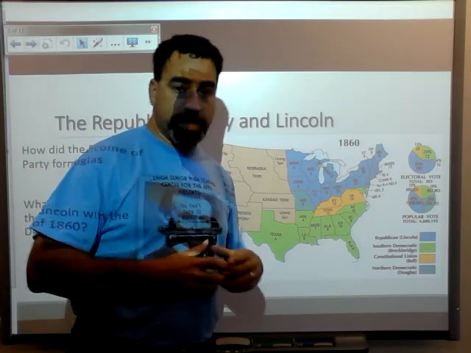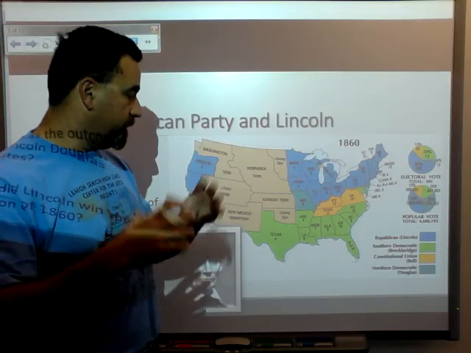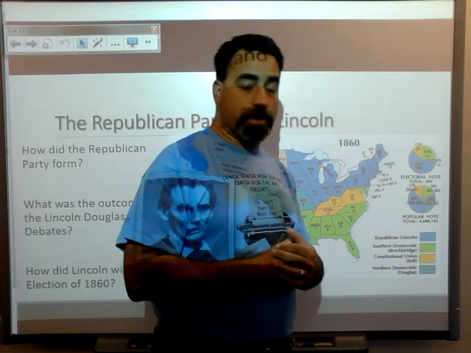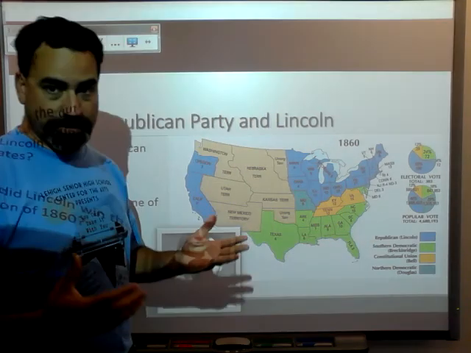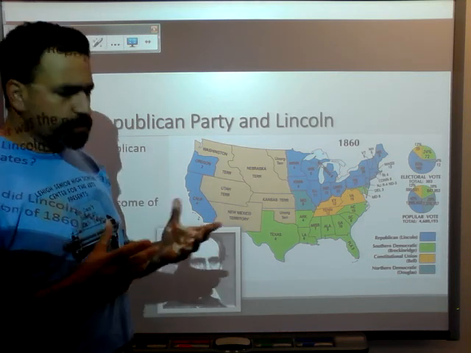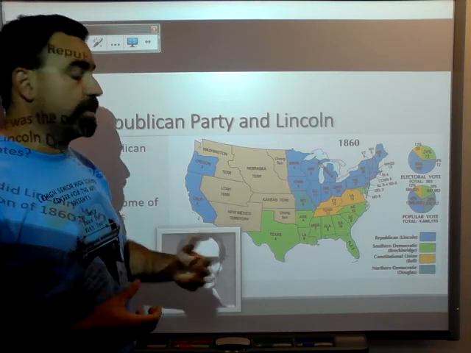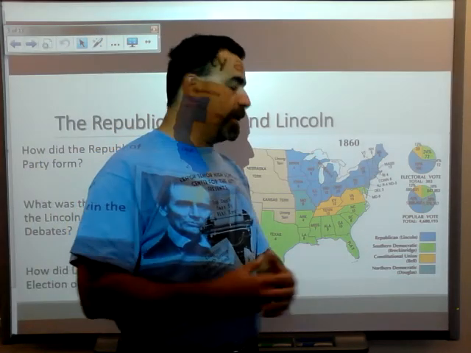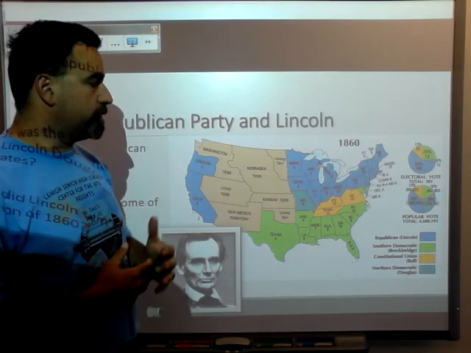But the Northern Democrats, the Democratic Party itself, had split, and they had actually nominated their own candidate, Stephen Douglas. To further complicate things, there was a fourth person, by the name of Bell, running for what was called the Constitution Party.